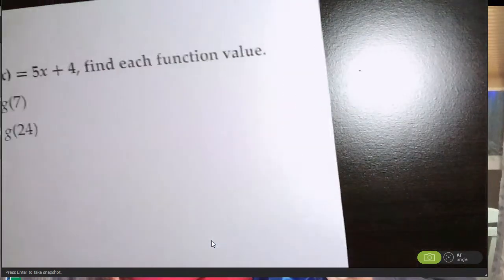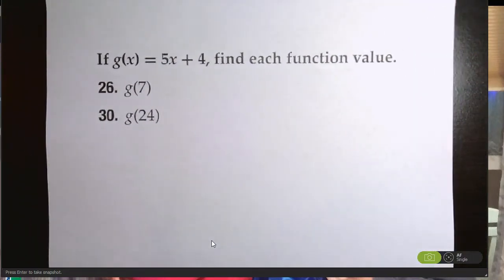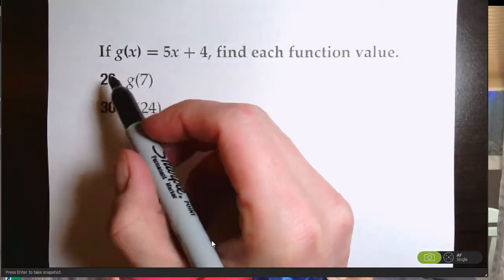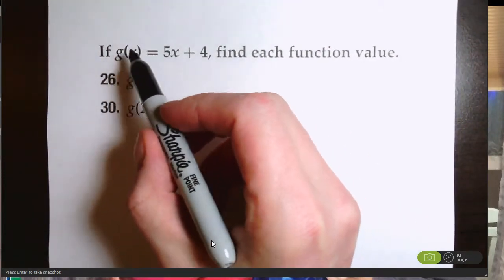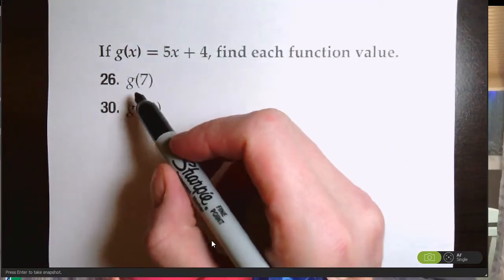The next type of problems for this section are what we call function notation problems. Number 26 says, if g of x, that's how you read it, g of x equals 5x plus 4, find g of 7.